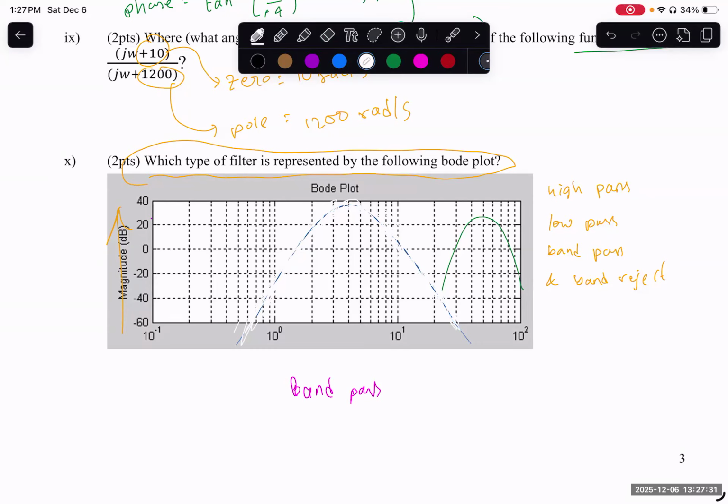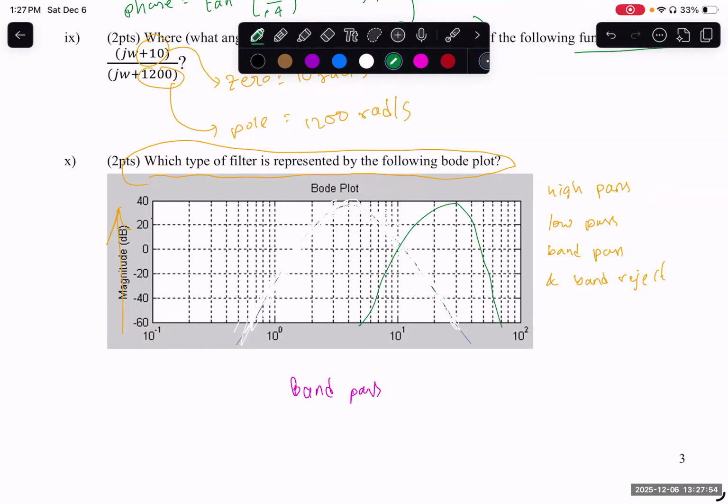If you have a range of, for example, 1 to 1,000, you can assume the higher frequencies are the ones called high pass. So if I had something like this, that would be a high pass.